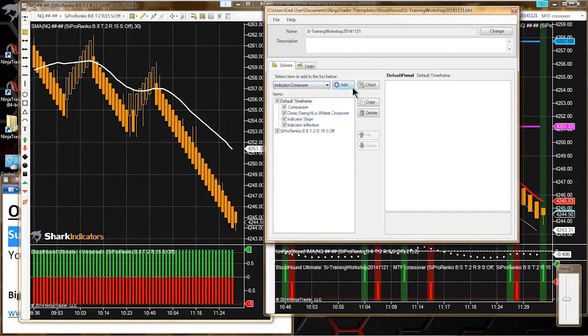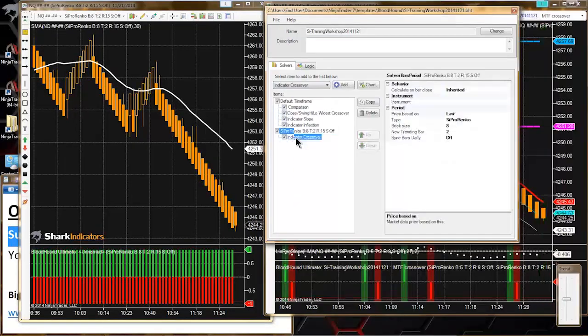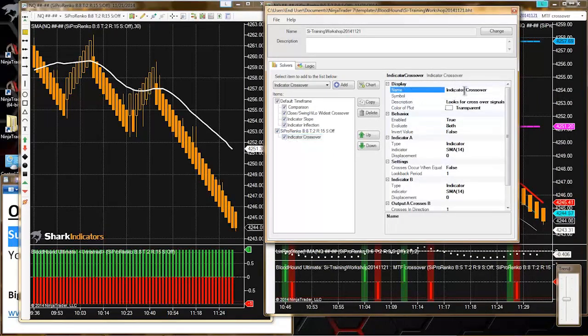So let's grab a crossover solver. Put the crossover solver on our higher time frame chart. And we're looking for the close across the, let's see, SMA 30.